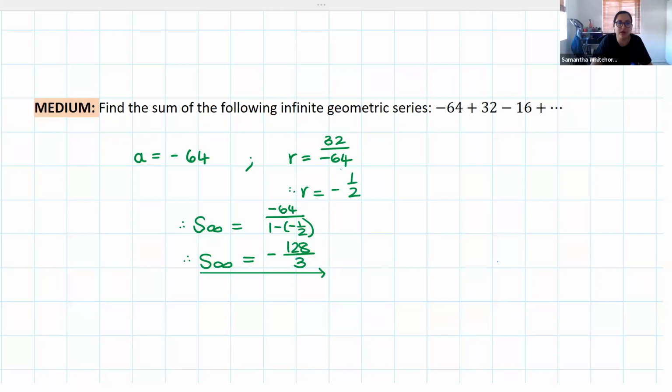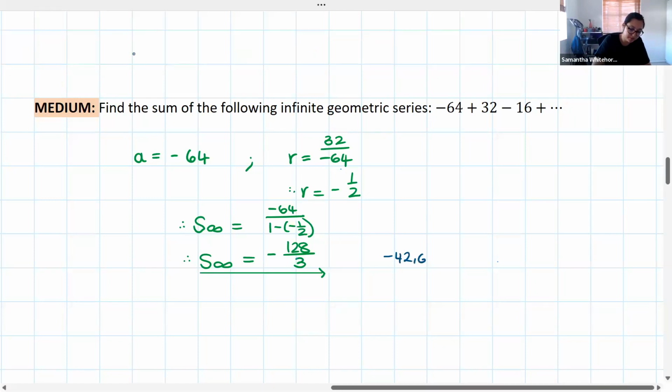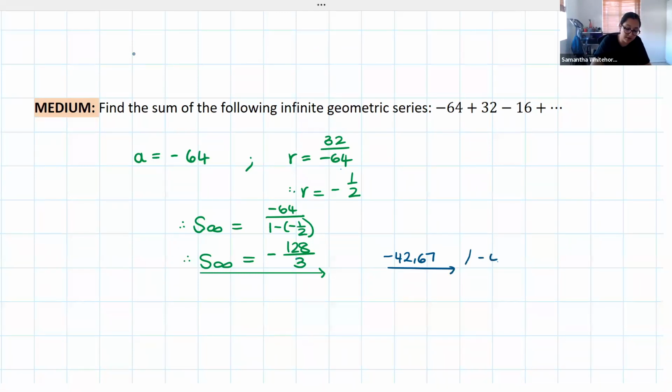You're not rounding off anything, so you're not starting to estimate values. If you didn't, your answer was -42,67 if you rounded off to 2 decimal places. So it was 6 recurring. If you wrote it as -42,6 recurring, that would be fine as well.